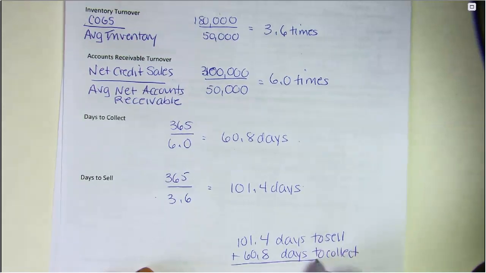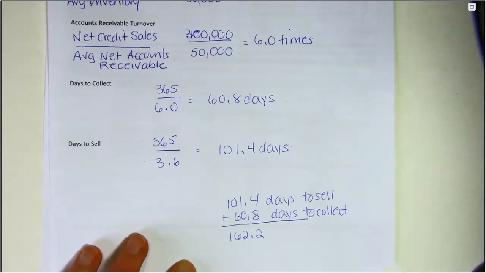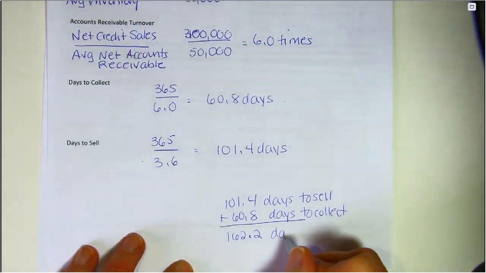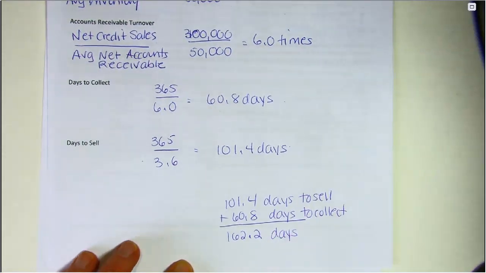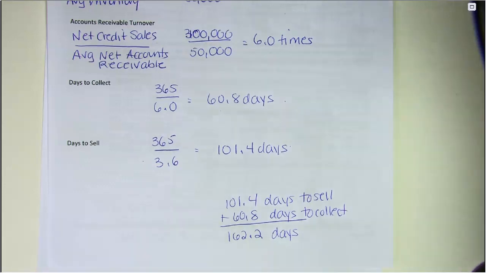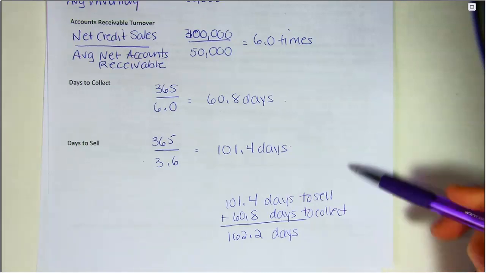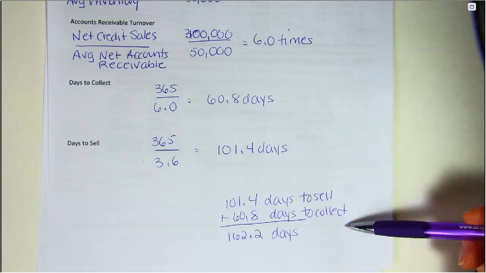So that means in all, you are waiting 162.2 days to get your money. That's more than 5 months. So this is another way you can use those two ratios, days to sell and days to collect, to find out how much time will be elapsed between the time you acquire your inventory and finally collect on it.